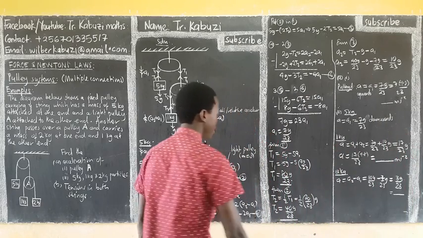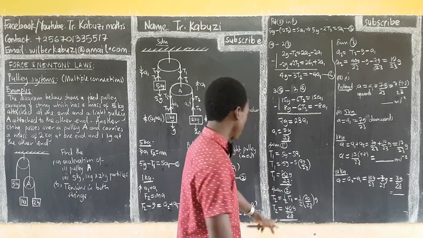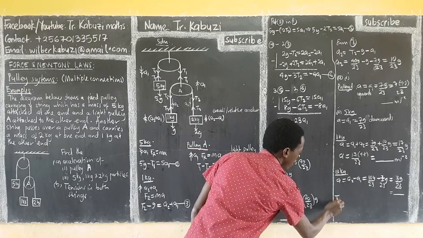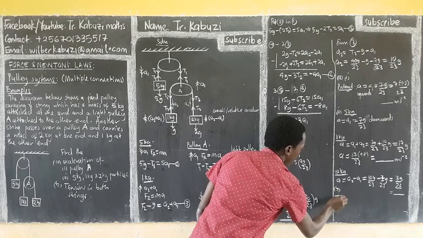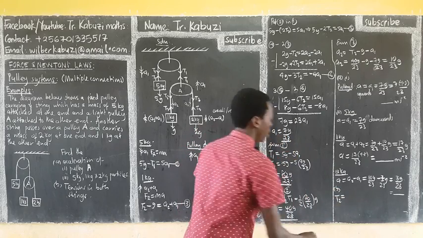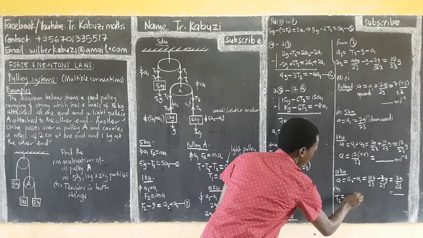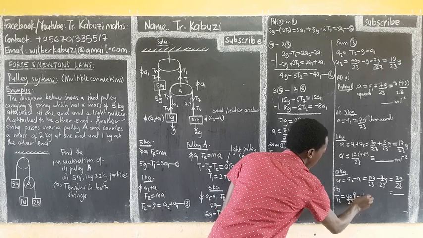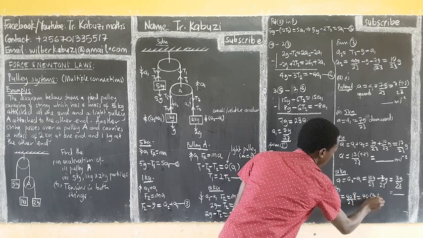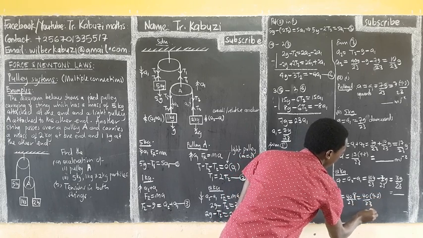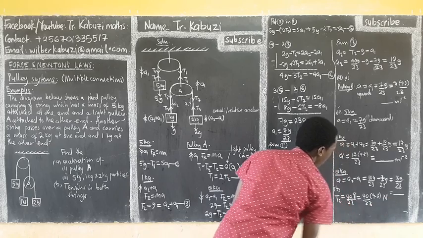Then the tension is the same thing. Our T2, this is now part B, our T2 will be 40 over 23 g, which will be 40 into 9.8 over 23. Then these are in newtons.